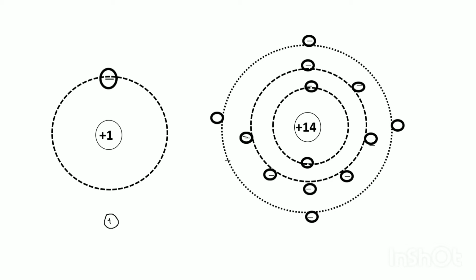Rotating around the nucleus are electrons, which have a negative charge. Because the number of electrons equals the number of protons, the atom is normally electrically neutral. The mass of the proton and neutron is approximately the same. The mass of the electron is 1/2000 of that of a proton.